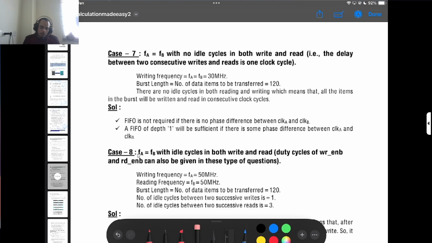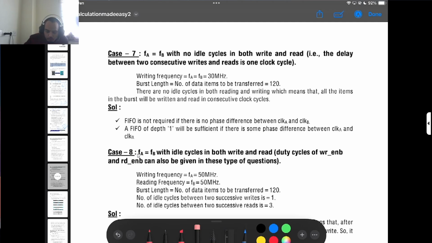So writing frequency FA equal to FB equal to 30 megahertz. Burst length is 120. There are no idle cycles in both reading and writing, which means that all items in the burst will be written and read in consecutive clock cycles. So FIFO is not required, there is no phase difference between clock A and clock B. So a FIFO depth of 1 will be sufficient.